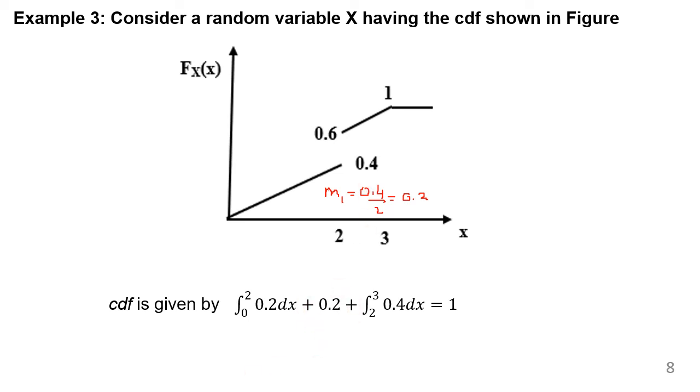Then here, once again you have a straight line equation between 2 to 3, whose slope is defined as m2, (1 minus 0.6) divided by (3 minus 2), that gives you 0.4. So therefore, you have here between 2 to 3 integration 0.4 dx. Sum of all these should give us 1.